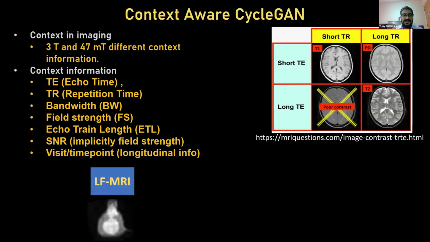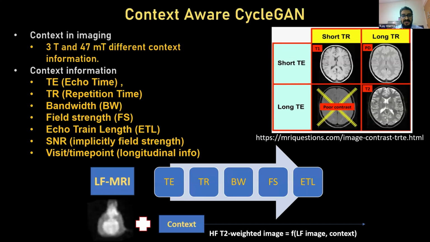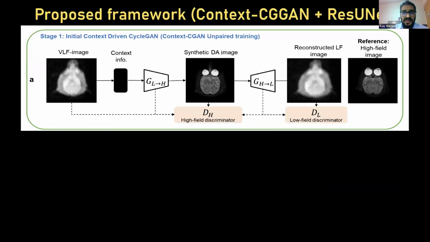On the left, we have a low field MRI. We have a context driven CycleGAN model that we trained with the context, and this gives us a synthetic high field MRI image. The proposed framework initially depends on the CycleGAN approach with the context driven approach.